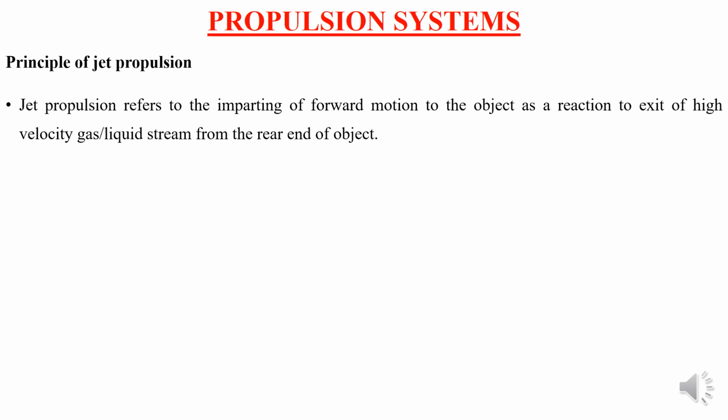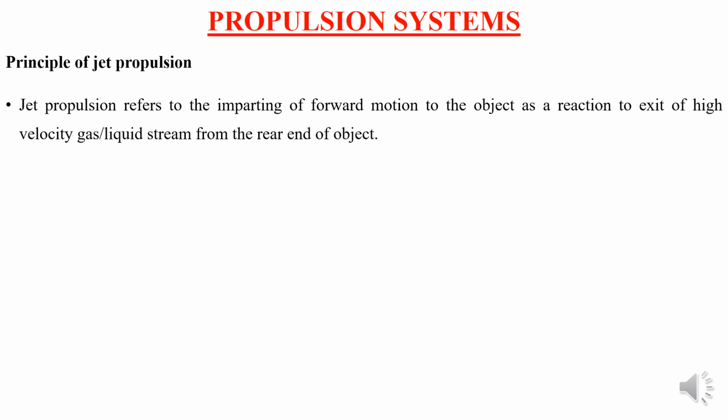This is basically based upon Newton's third law, that is, for every action there is an equal and opposite reaction. Based upon that, in the jet propulsion system, we have the working fluid which will be accelerated by the system, and the reaction to this acceleration produces an equal and opposite thrust.